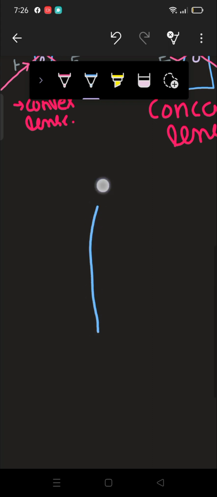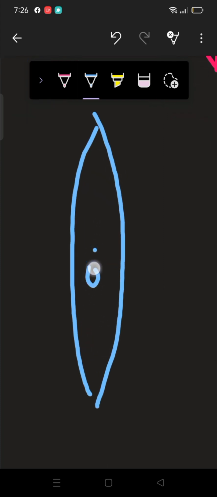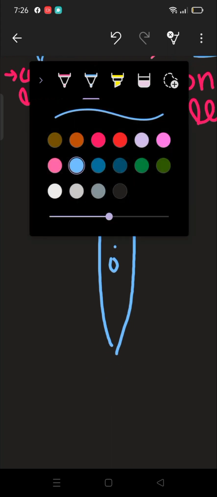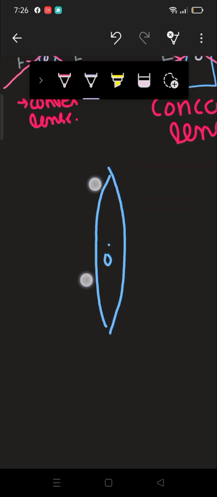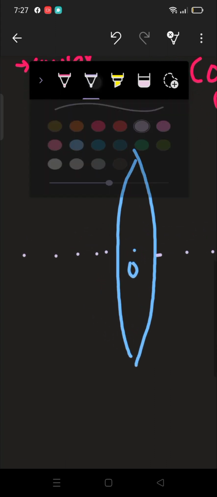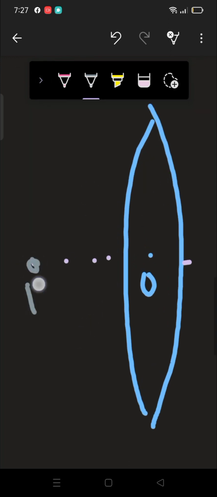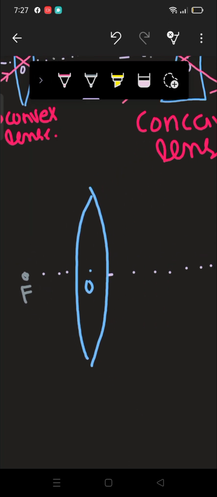So this is basically a biconcave lens. Here we have the optical center and here we have the principal axis. So here we have the focal point, and the other focal point is here.